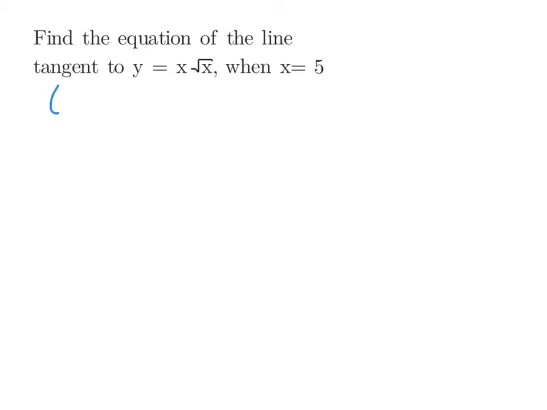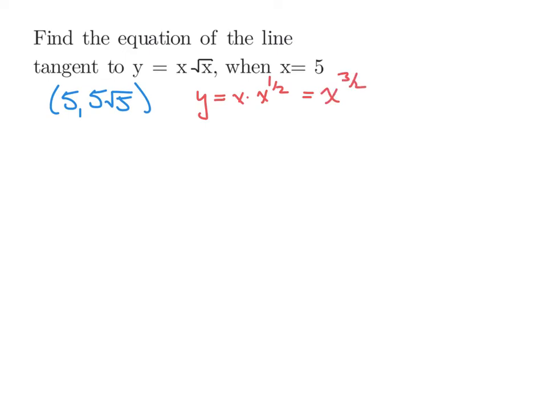So for our point, the x-coordinate is going to be 5, and the y-coordinate is going to be 5 square root of 5. In order to find the slope of our tangent line, we're going to need the derivative. But before I find y prime, I want to look at y, since we have x times the square root of x. That's going to be x times x to the 1/2 power, which is just x to the 3/2 power. Right?